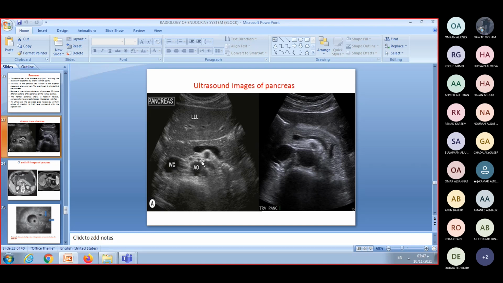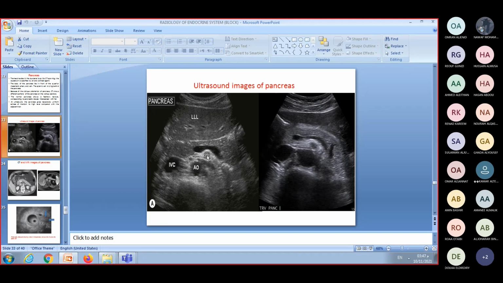What is the structure running from the left to the IVC, anterior to the aorta? This is the left renal vein running from the left to empty into the IVC.